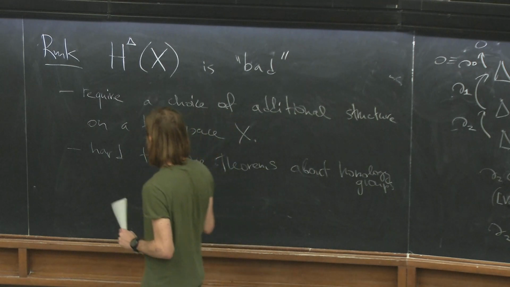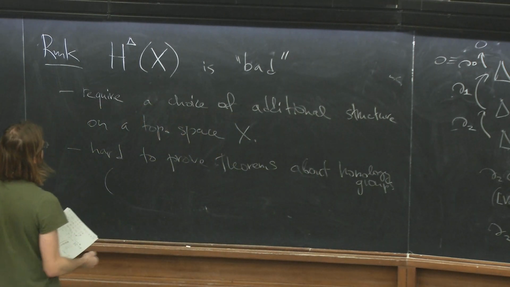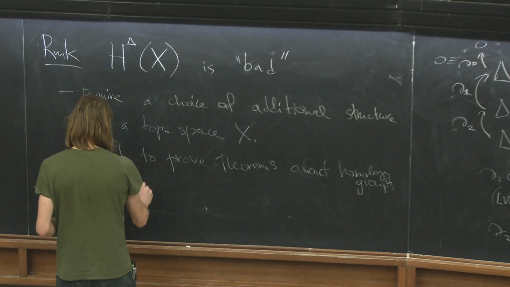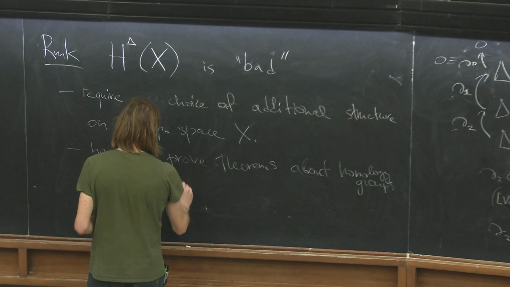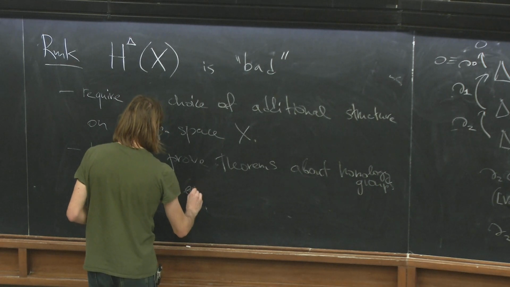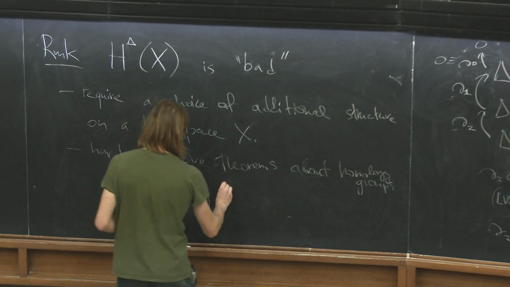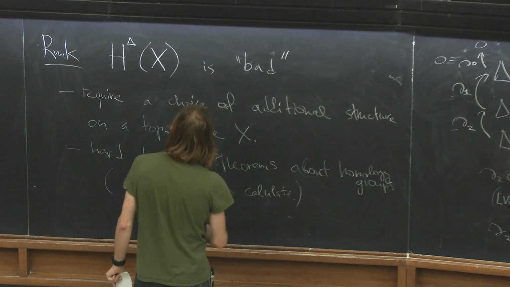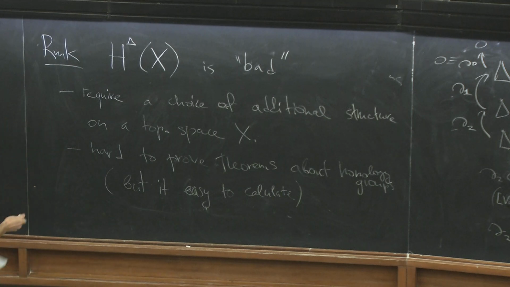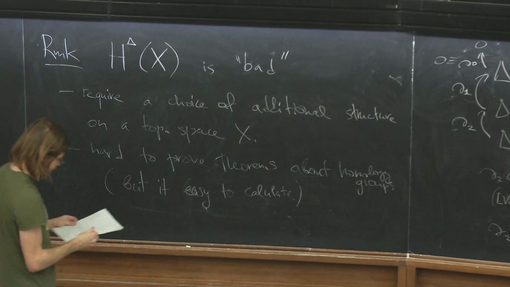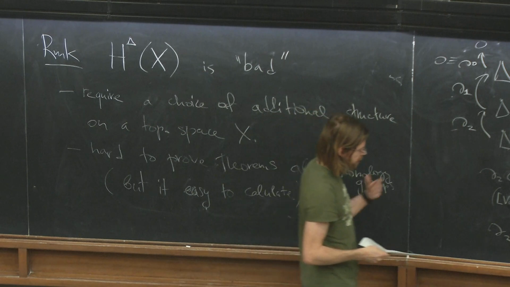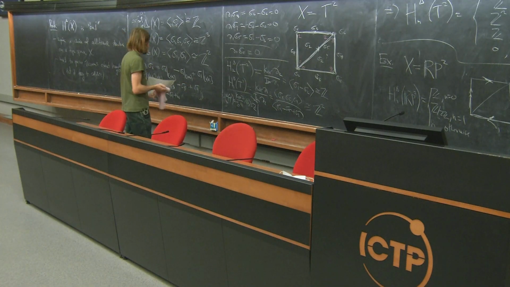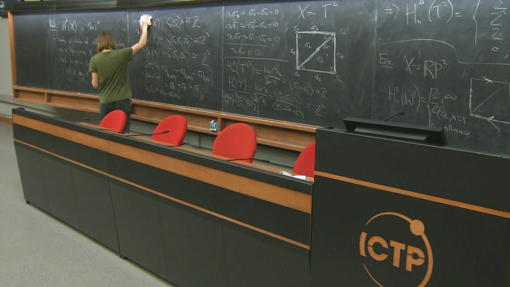But there is one plus of this definition, which is that it's easy to calculate. Once we choose the delta complex structure, the problem of calculation is essentially a combinatorial problem, as you can see in this example of a torus.